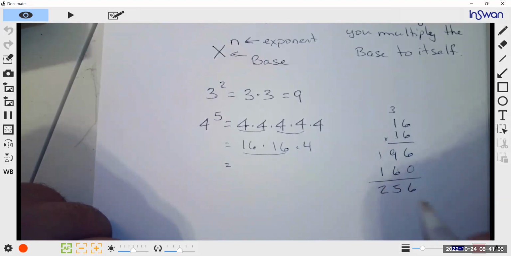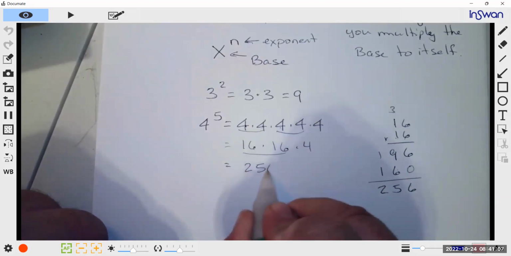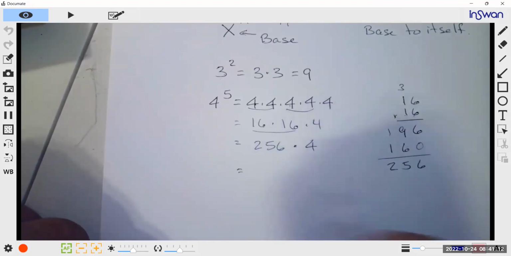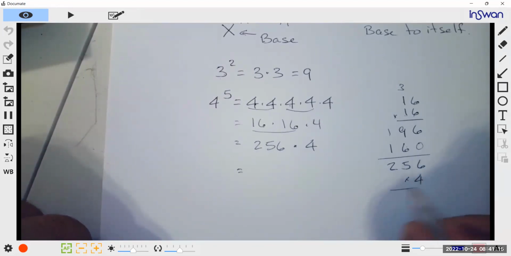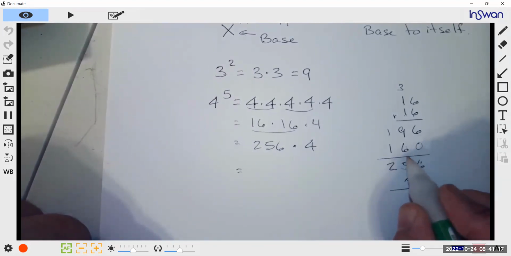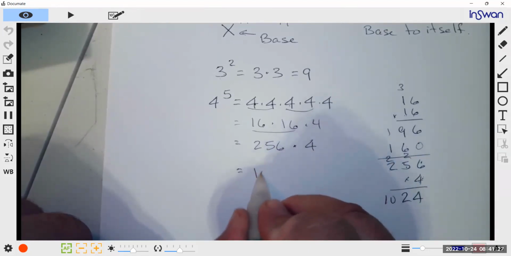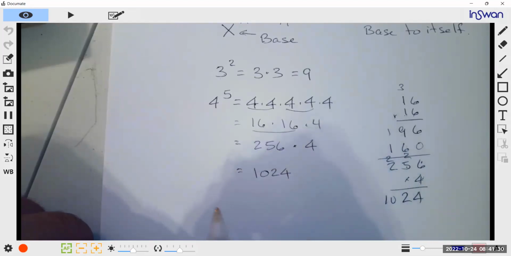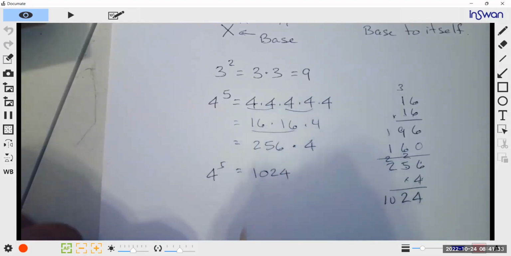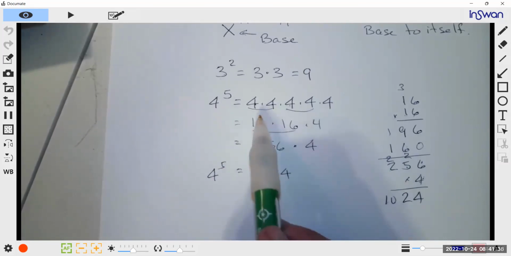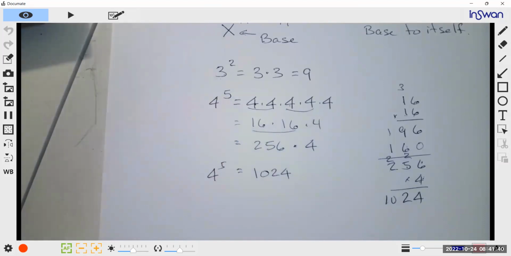Carry the 1. So that's 256 times 4. 6 times 4 is 24. Carry the 2. 4 times 5 is 20, plus 2 is 22. 4 times 2 is 8, plus 2 is 10. So 4 to the fifth is 1024. Yeah, so it makes it a lot easier. Instead of writing that many, just do that.